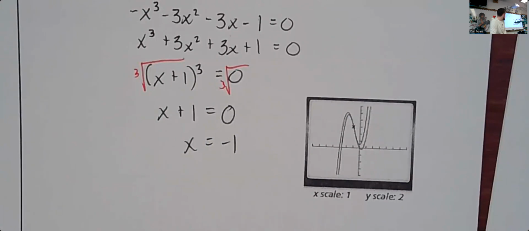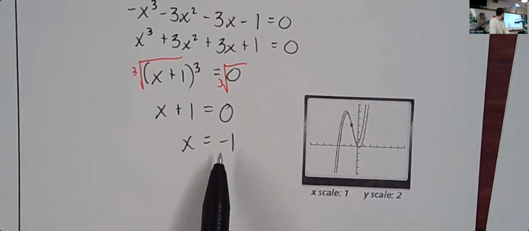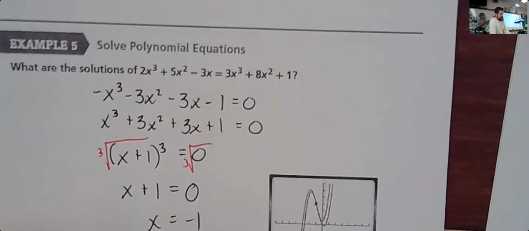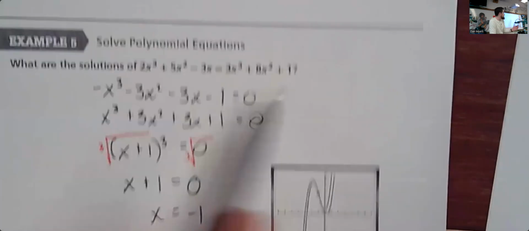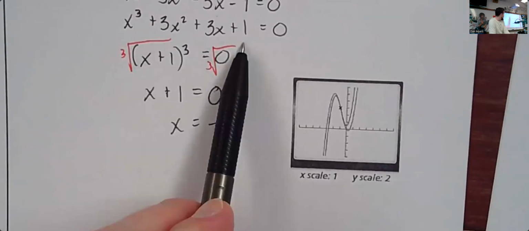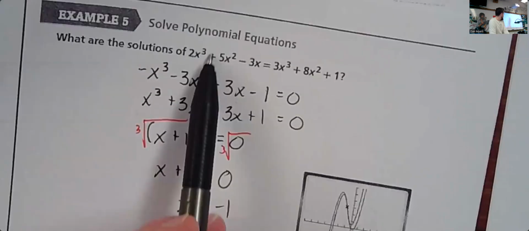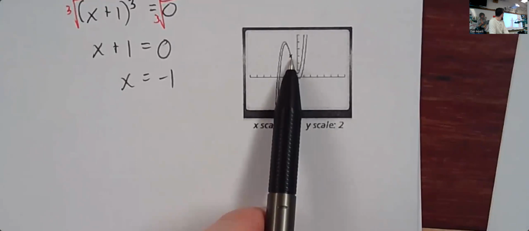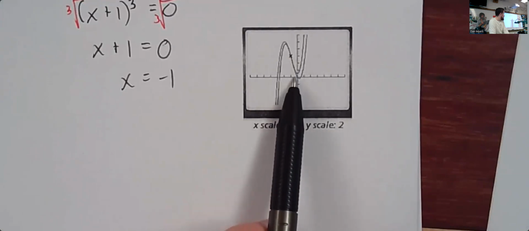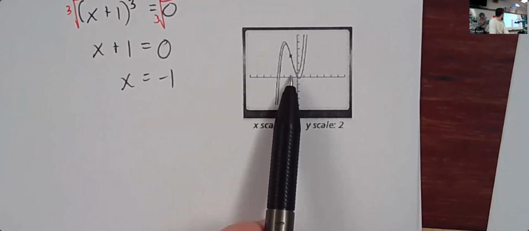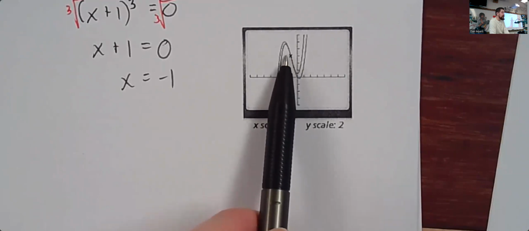Listen up, it gives us the x value of the intersection of the two original polynomials. It's the x-intercept of that single polynomial, but we started with two polynomials, and so the x-intercept is right here at -1. So that's one of our answers there.